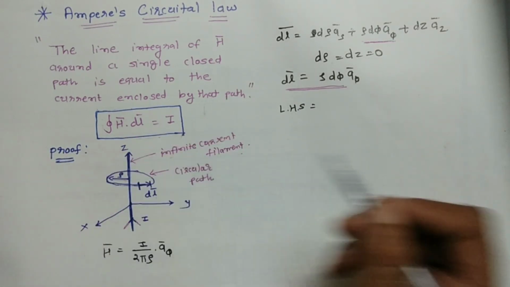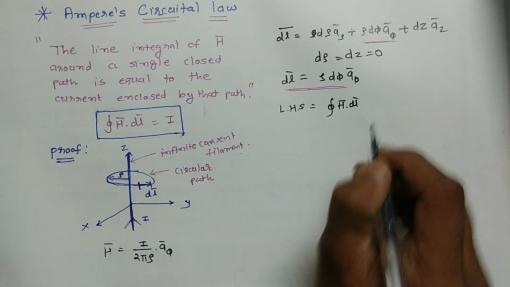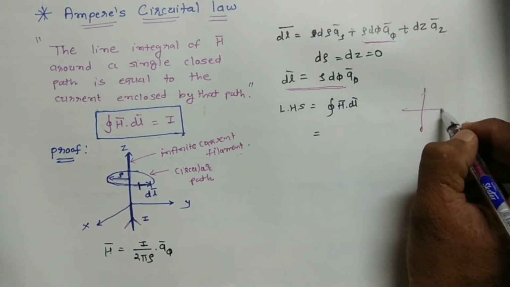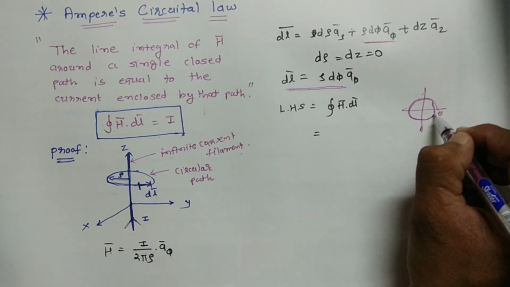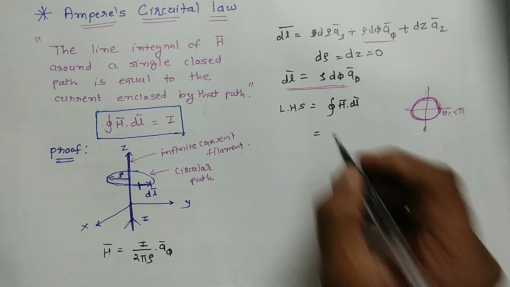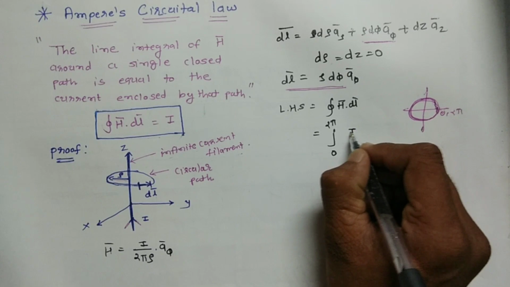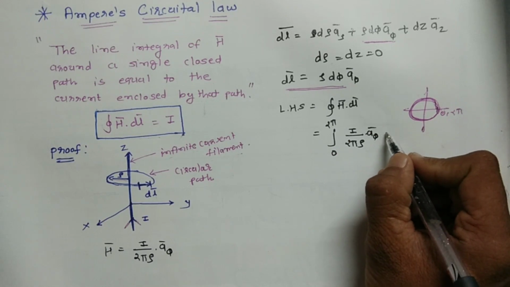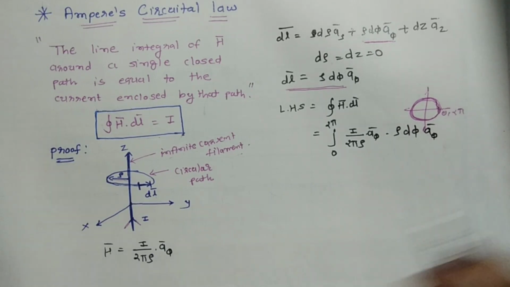Now the left hand side. For the proof of this Ampere's circuital law, the left hand side is the closed loop integral of H bar dot dl bar. Here the closed loop is the circle, and we know that the limit of a circle is 0 to 2 pi. So I am writing the integral from 0 to 2 pi, and H bar value is I upon 2 pi rho into a phi bar, into dl bar, which is rho d phi a phi bar.